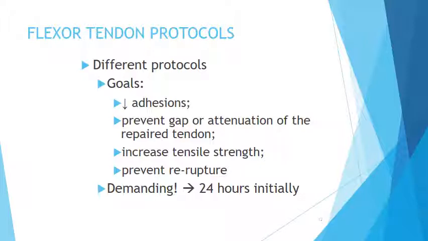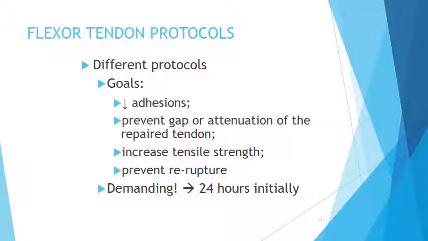What are the goals after a flexor tendon repair? Why do we have all these protocols, and a wide variety of different protocols, I may add, while the goals remain the same? It is to decrease adhesions.